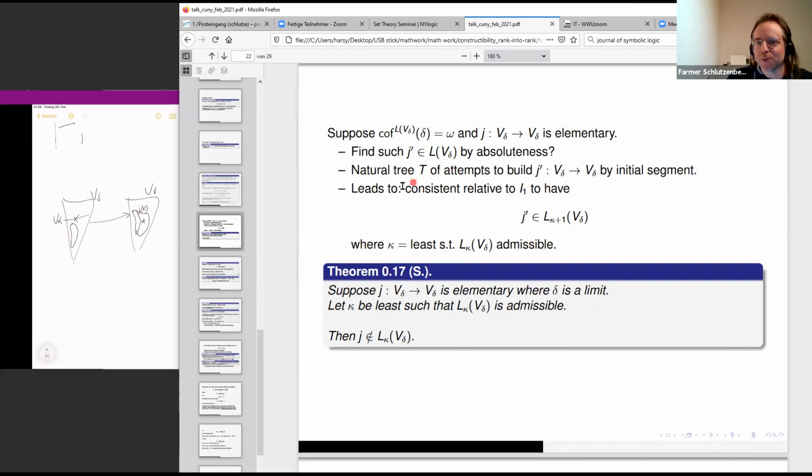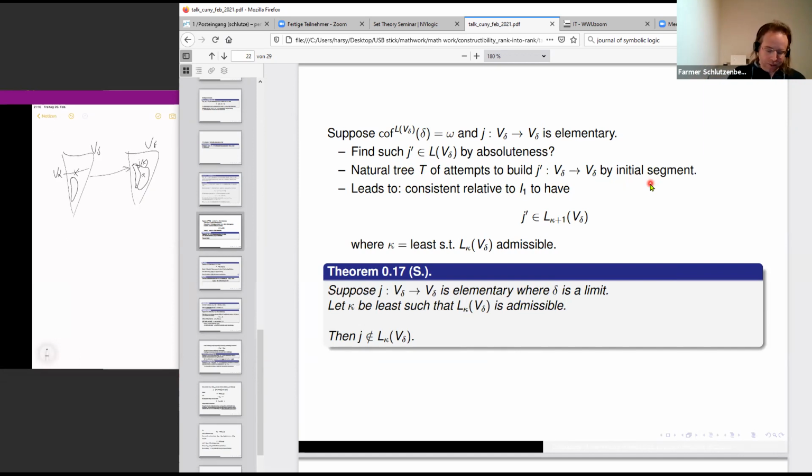There's a natural method to try to do that, because you have V delta, limit ordinal delta, you've got all of the initial segments of the J that's in V. So you can try to put together a sequence of initial segments that union up to form a fully elementary embedding. There's a natural tree of attempts that attempts to build such a thing by initial segments.